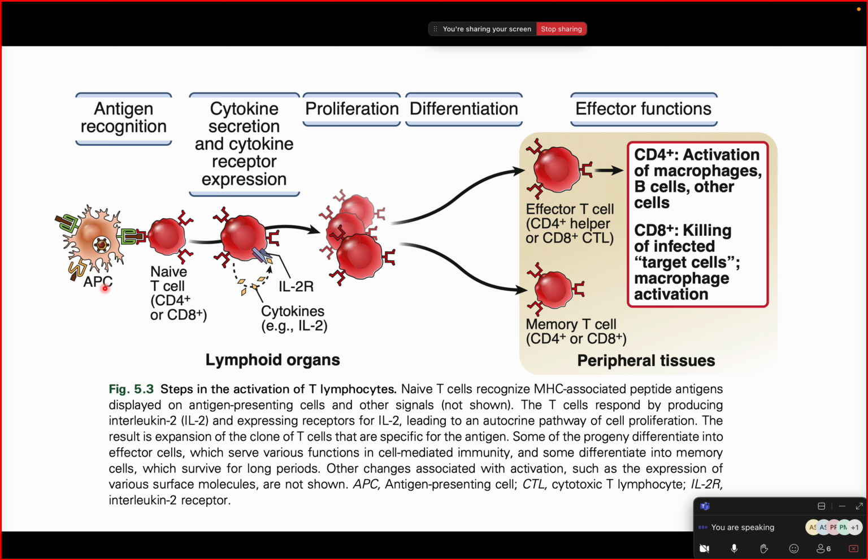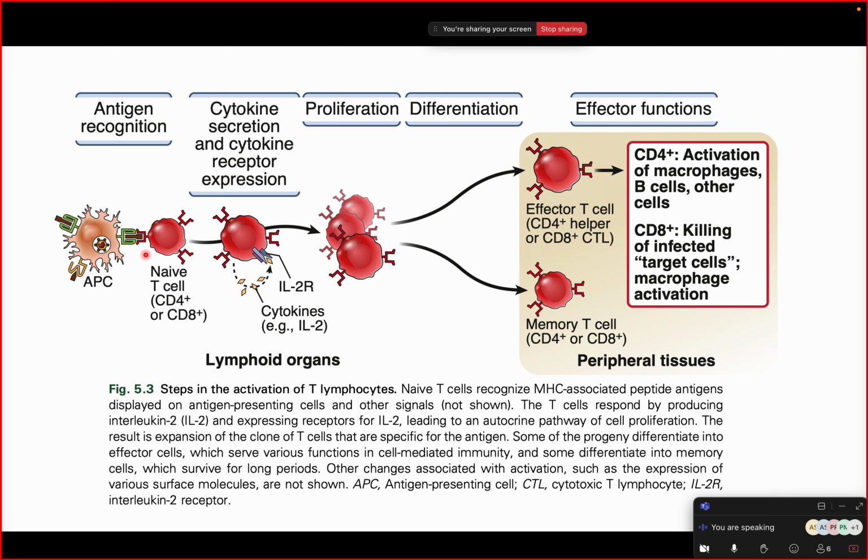Once this recognition happens, and APC here stands for antigen presenting cells, which are presenting the intracellular pathogen in this case. Once the antigen is inside the APC, the naive T cell, which can be CD4 positive or CD8 positive, once any one of them finds a better connection or recognition for this APC, it will start to differentiate and proliferate, because it makes the connection.